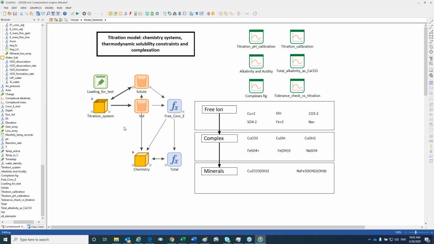I will just point out that this is the only model that I've ever built that uses an iterative time step approach. Every other model that I've ever built uses a non-iterative approach, and I use a tolerance system in this one, which doesn't really matter too much because it's kind of outside the scope of this presentation.